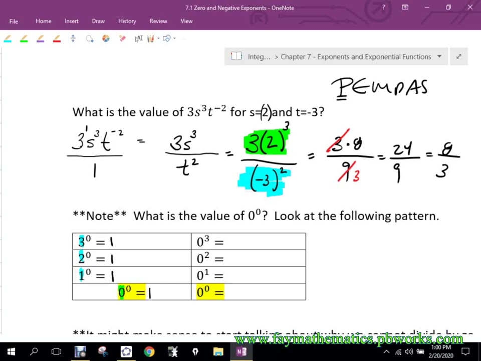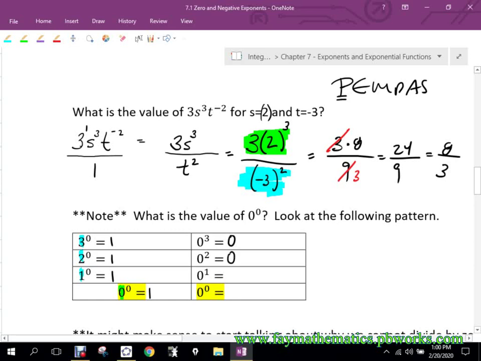0 to the third, 0 squared, 0 to the first. So now I'm keeping my bases all 0, but now I'm changing my exponents, right? Let my exponents decrease. Does that pattern eventually still get me down to 0 raised to 0 like the first column did? Yeah. Okay, so what do you think 0 to the third is? If I take 0 times 0 times 0, what do you get? 0. What do you get if you take 0 times 0? 0.